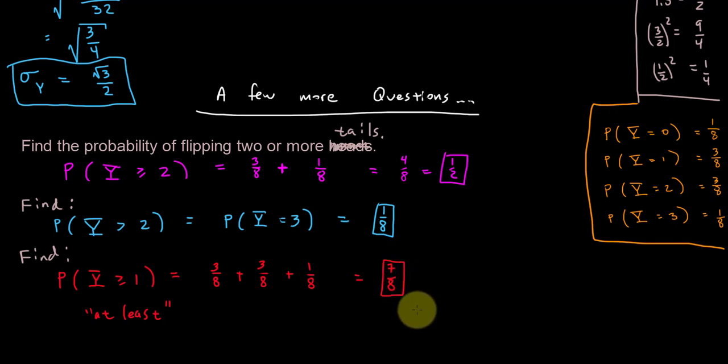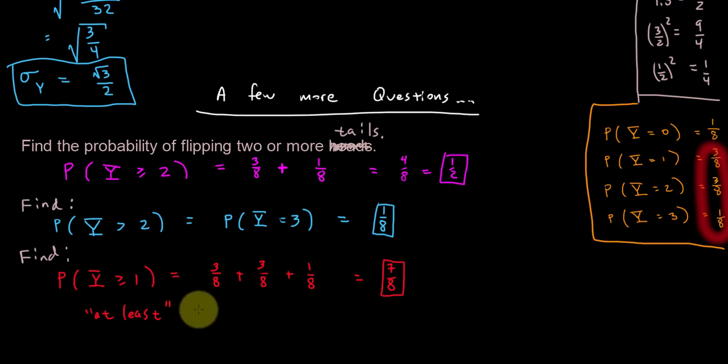But often a quicker way to compute this is to instead realize that we want all of these probabilities, all of them except the top probability, which corresponds to 0 tails.